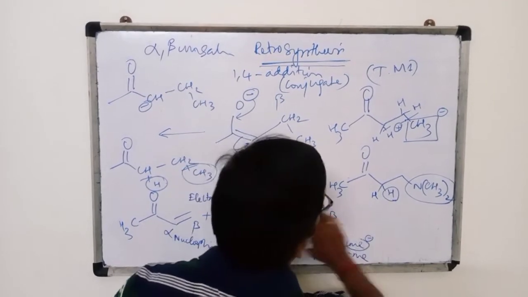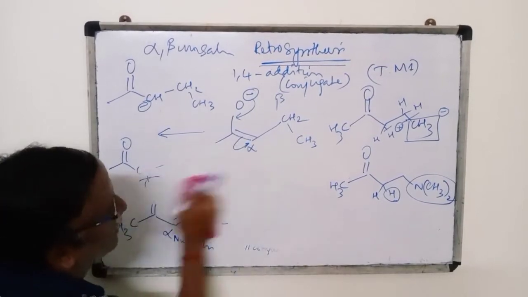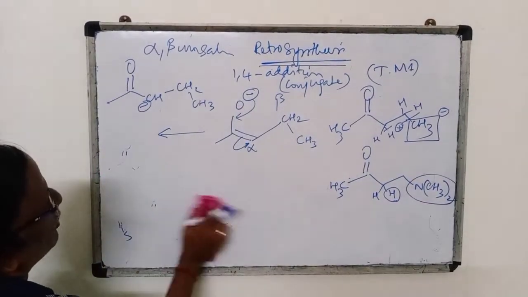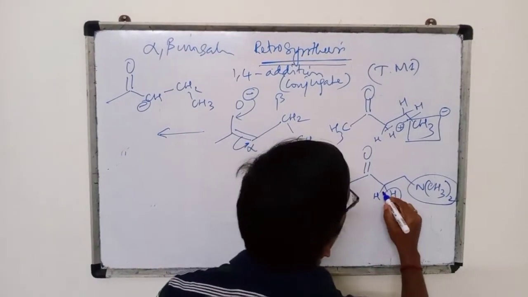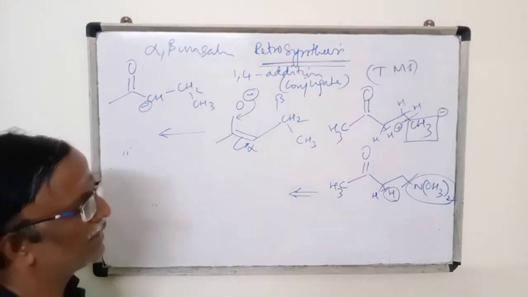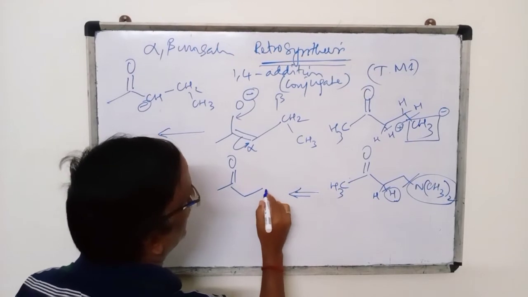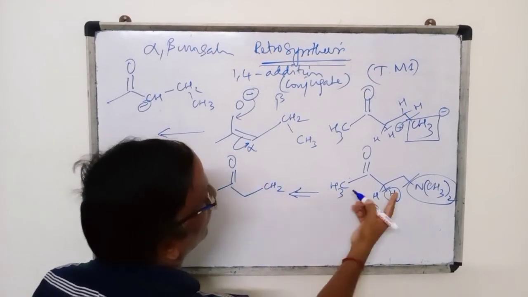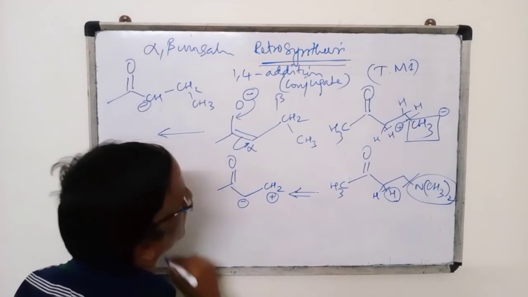So now you try to do the retro part. What is the retro part? You try to disconnect it. So you remove hydrogen from this, remove Me twice from this, so you end up with a negative charge, a positive charge on this, a negative charge on this.